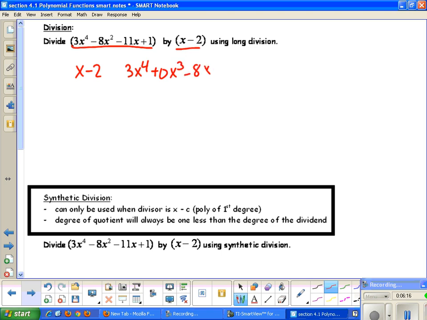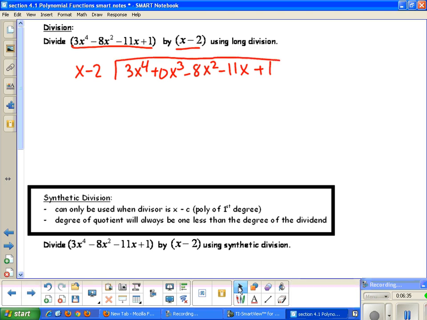Minus 8x squared minus 11x and then plus 1. So if you look at this, the first term's degree 4, the second term is degree 3, 2, 1, 0. Since I have them all in order now, I know I'm okay to do my long division.